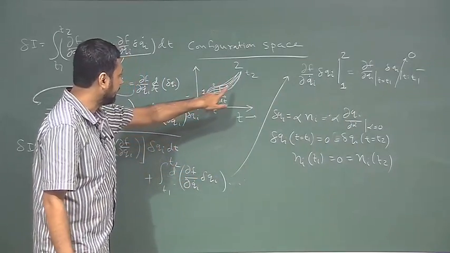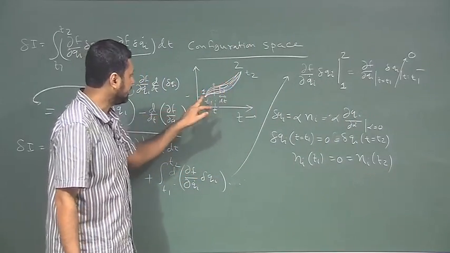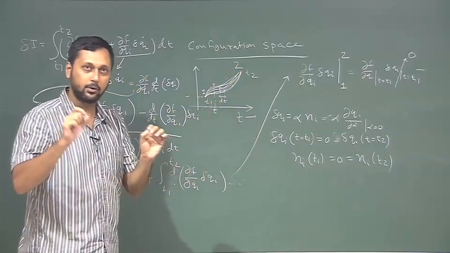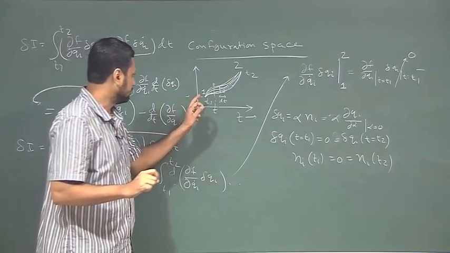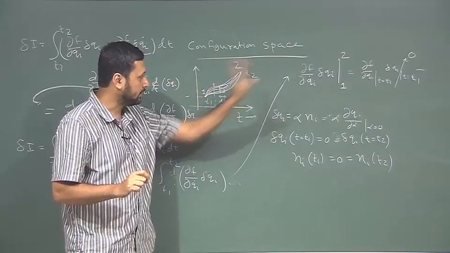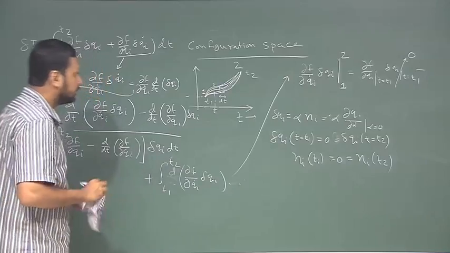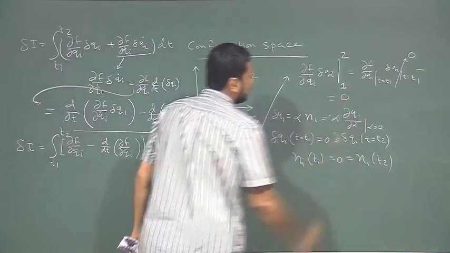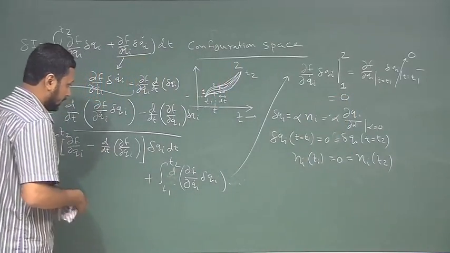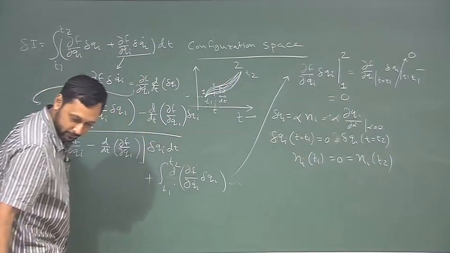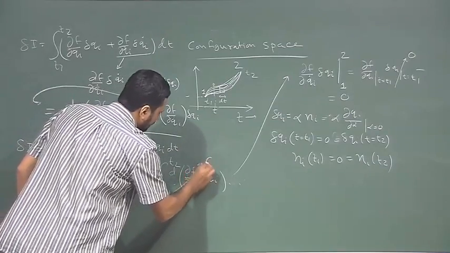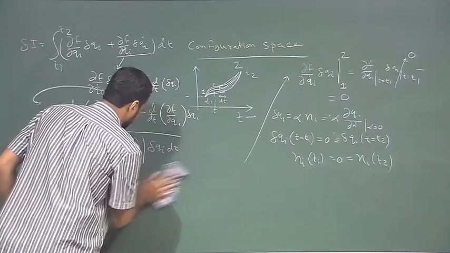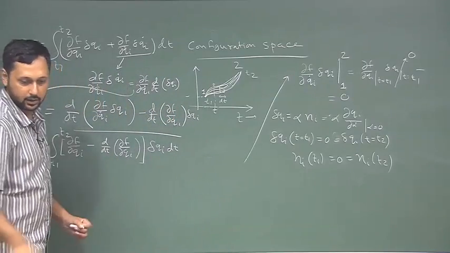I mean, the integration is defined, we can have variation in between the fixed points. If the fixed points are varying, it makes no sense. So, the fixed points are fixed. We have variation in between, and at the fixed points this will vanish. Now, if this is 0, this integration is identically equal to 0, right. So we can get rid of this one and we are left with this.